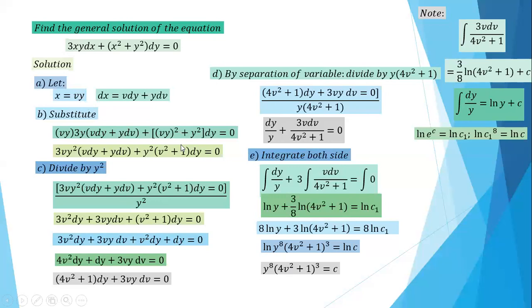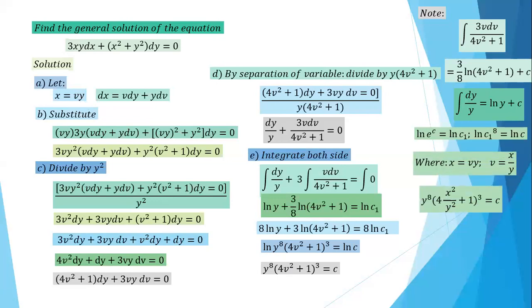So from that equation, we can solve the value of v. So v is equal to x over y. Substitute to this equation. So we have now y to the power of 8 times the quantity of 4 times x squared over y squared plus 1 raised to the power of 3 equals c.